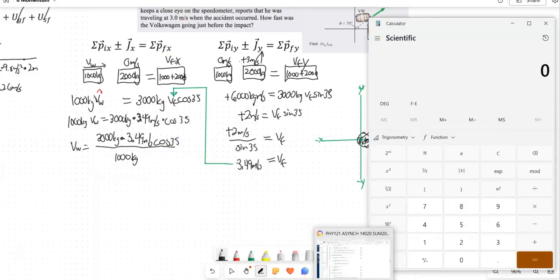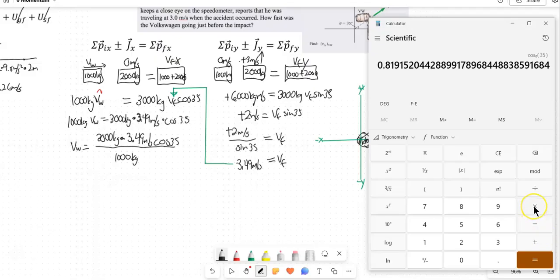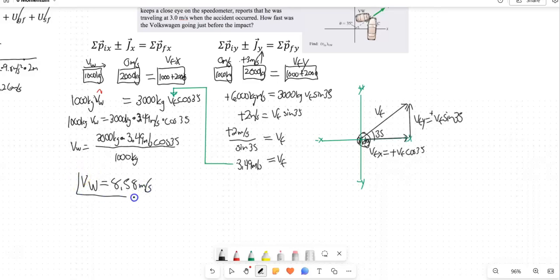Okay, so let's multiply that all out. Let's go from right to left. Cosine of 35 degrees times 3.49 times 3,000 equals. Now let's divide that by 1,000. 8.58. So the VW bug was moving at 8.58 meters per second to the right.